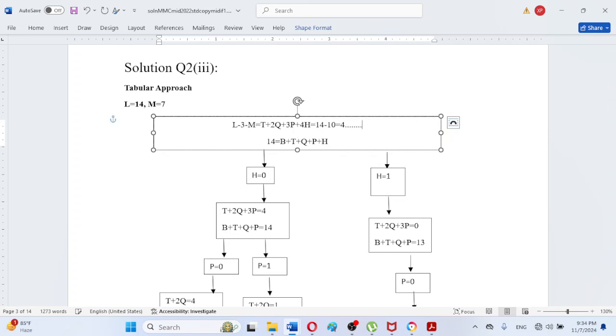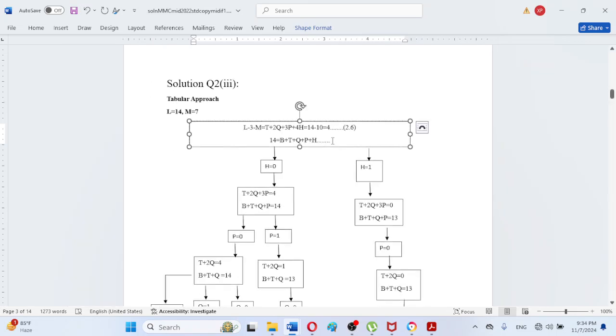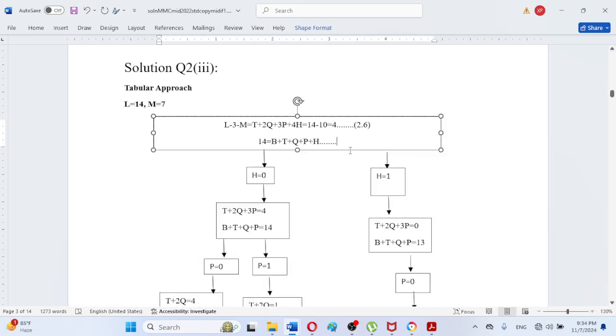We can mention their numbers: this equation was equation 2.6, and this equation, as previously listed, is equation 2.4a.